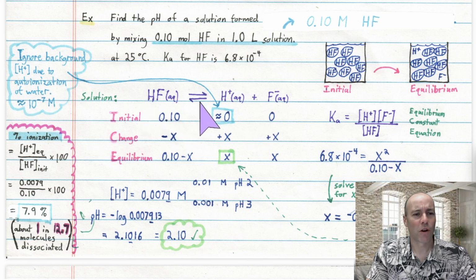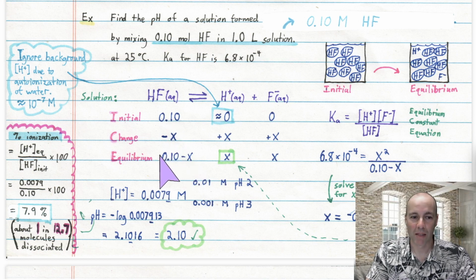Now the coefficients are 1, 1, and 1. So if, to get to equilibrium, this loses a certain amount of concentration, x, so minus x, then these will gain that same amount of concentration, plus x. The initial concentration plus the change will be the concentrations at equilibrium.